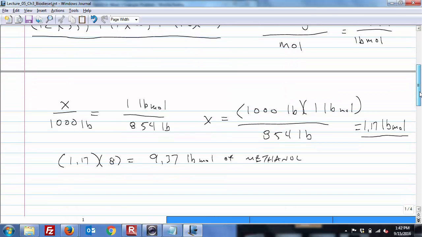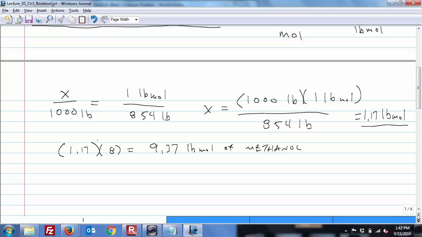So from that, multiply your 1.17 by 8 to get 9.37 pound moles of methanol. Now we just have to convert back from pound moles to pounds.